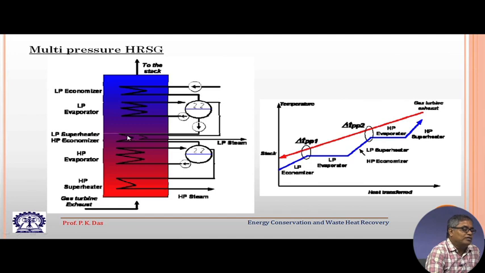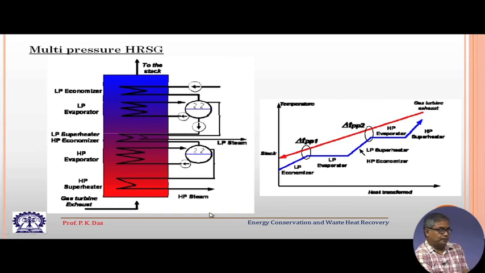So, its temperature can be elevated further, so that it is suitable for the HP drum. So, this can be considered as HP economizer. In the HP drum again there is a circulation, steam is being produced. So, steam will be taken from this and there will be some sort of HP superheater.